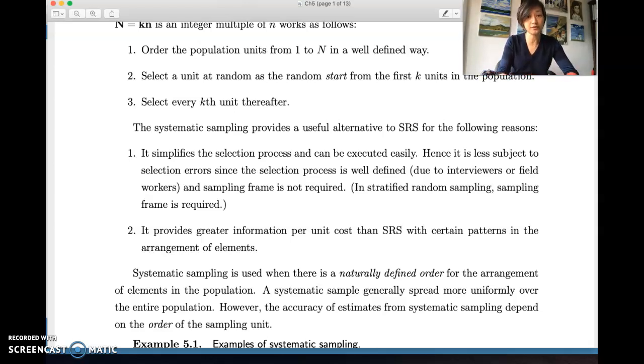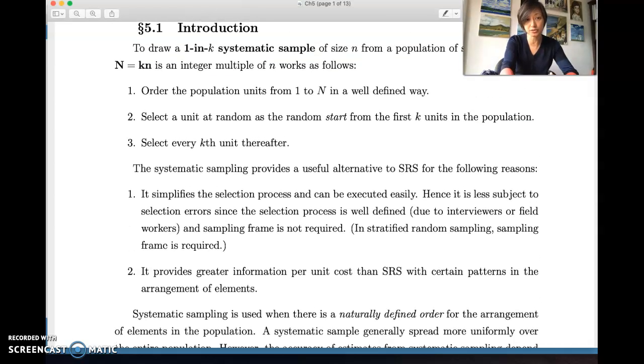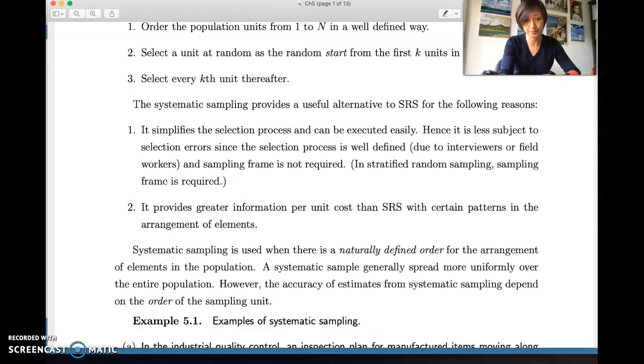Even though we don't have the capital N, the total population, as long as the interviewer collects 20 data points, we can have a systematic way of choosing my sample.